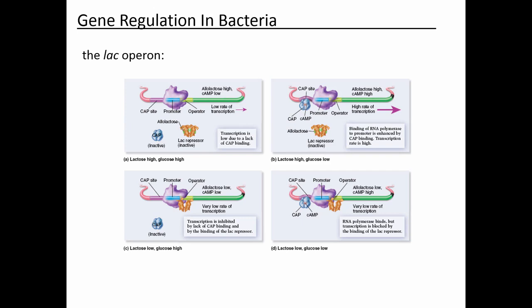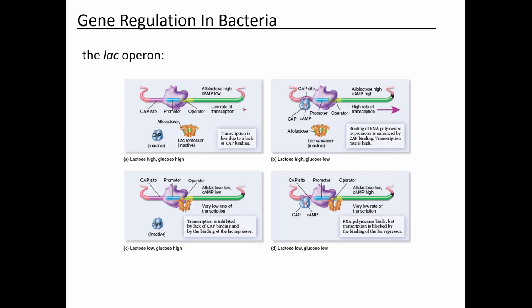Glucose levels are going to control CAP, and they do that by controlling the levels of cyclic AMP. What happens in a bacterial cell is glucose inhibits the production of cyclic AMP.